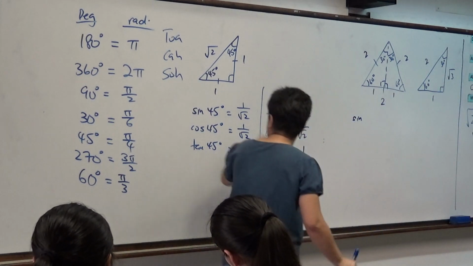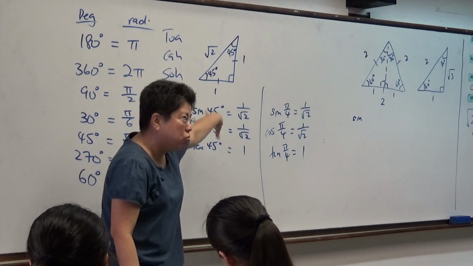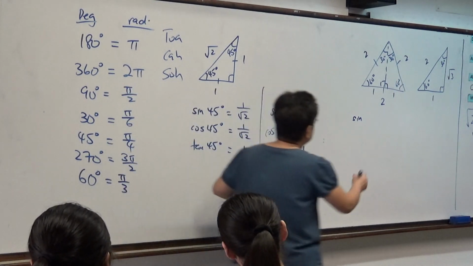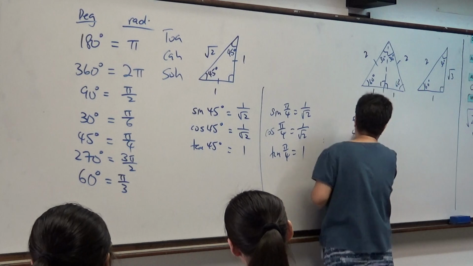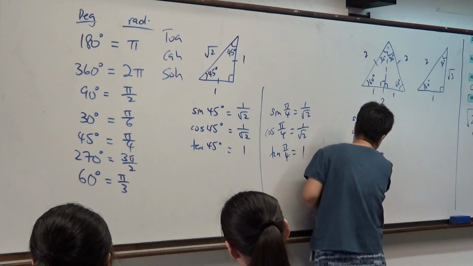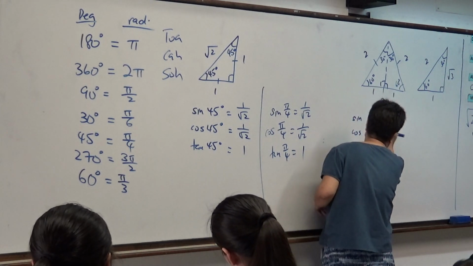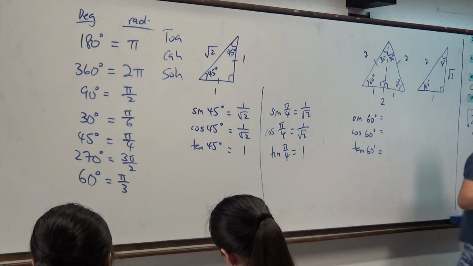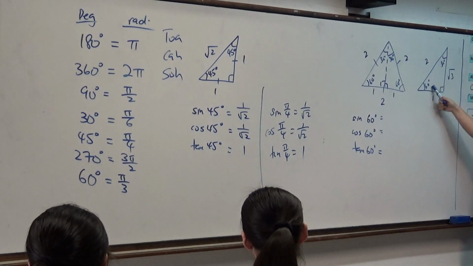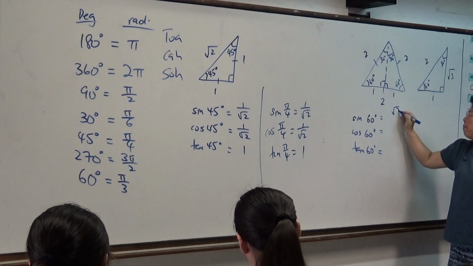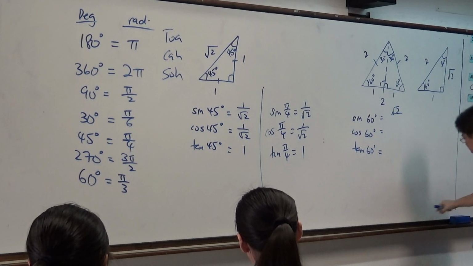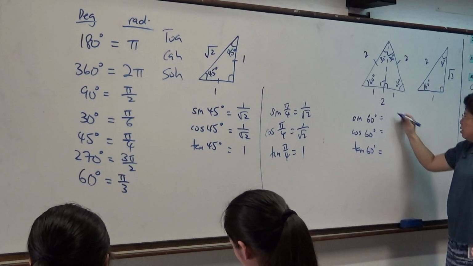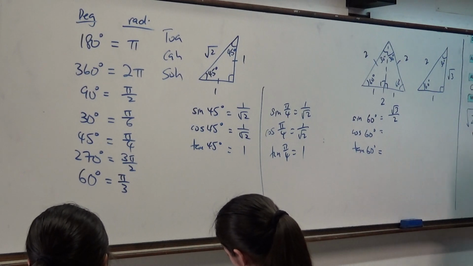Alright, so now we can have 2 kinds. Now, can I leave the radian one for you to write yourself? I just do the degrees one. Okay, sine 60, cosine 60, and tangent 60. What will it be? Sine 60 is root 3 over 2.